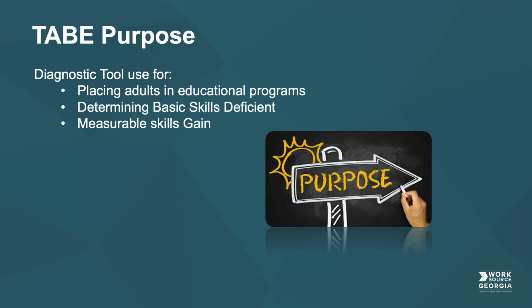And then once the individual has received all the necessary services and has gained all the knowledge that individual needs to gain, then you do a post-test and then you measure the skills that individual has gained. Although I have heard that utilizing TABE 11 and 12 to do measurable skill gain is a little bit more complicated than previously with TABE 9 and 10.